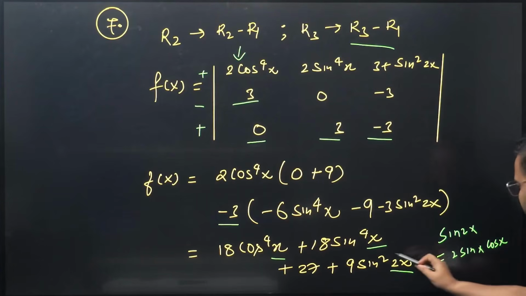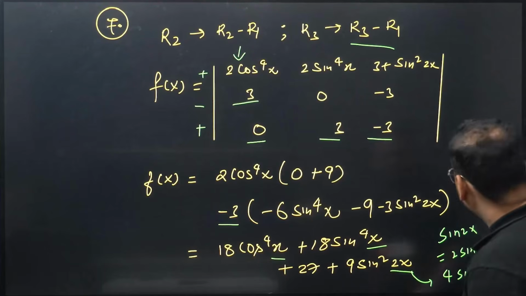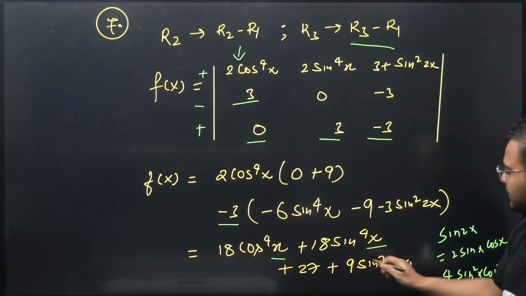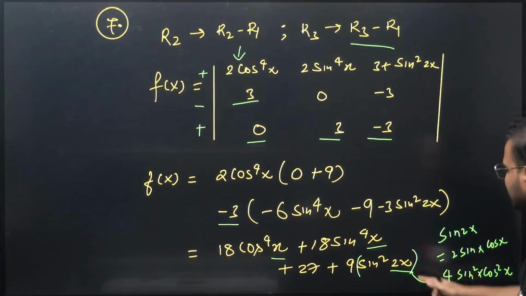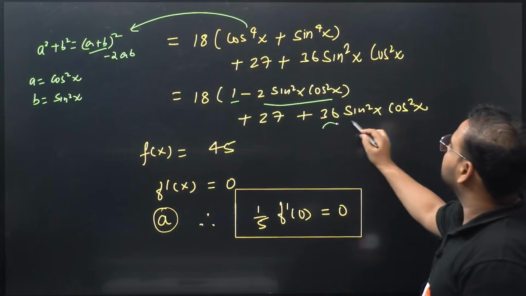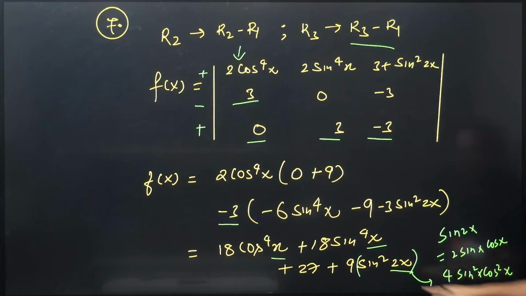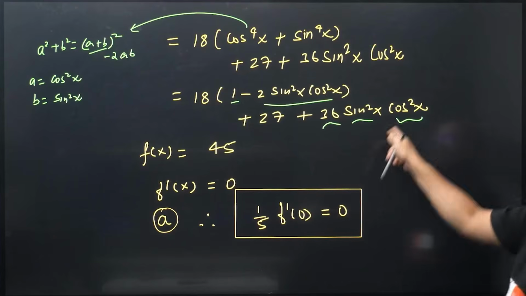It will become 4 sin square x cos square x, right? Multiply this by 9, you get 36. Have a look. 4 sin square cos square multiplied with 9 is 36 sin square cos square.